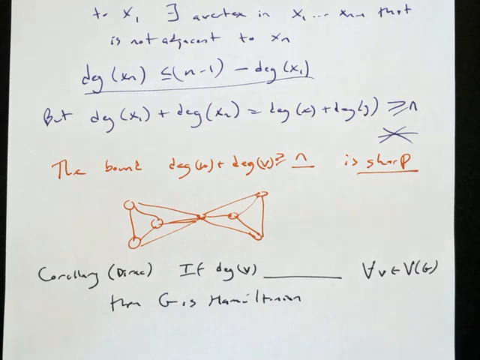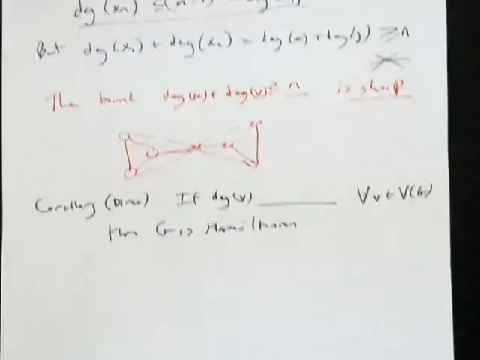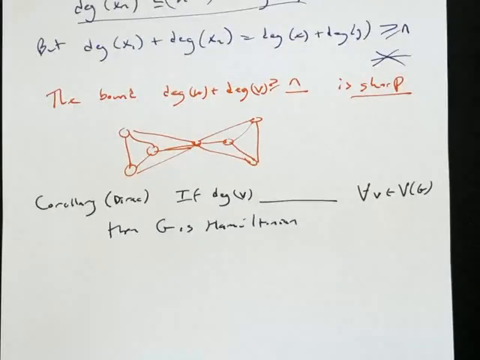I need you to fill in the blank. It would be if the degree of v is bigger than n over 2. Exactly. If the degree of v is bigger than n over 2 for every vertex, then when I add two of them together, I get something that's bigger than n.